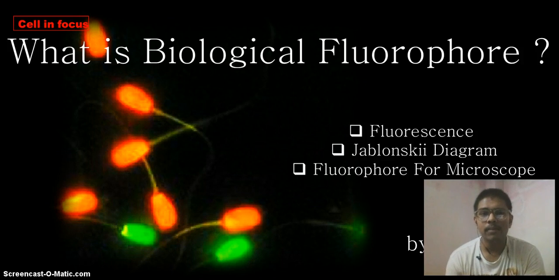We are exciting with, let's say, yellow light or blue light. That's why we get some color in the image in the visible range, and that's why we can see it with our naked eye. That can be one reason.